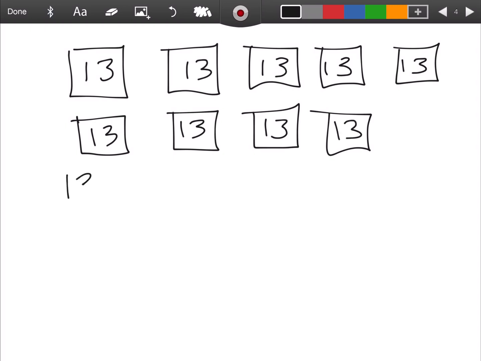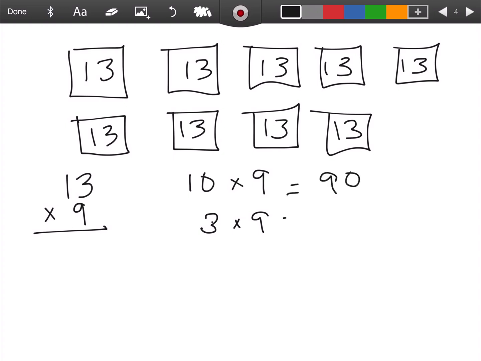We have 13 points times 9 games. And you could do this 2 different ways. You could separate out the 13 into 10 and 3, and you're multiplying both by 9. So that would be 90 and 27, which would give us 117 points.